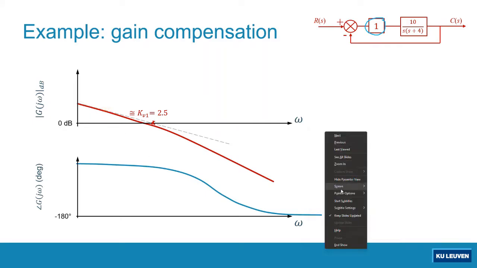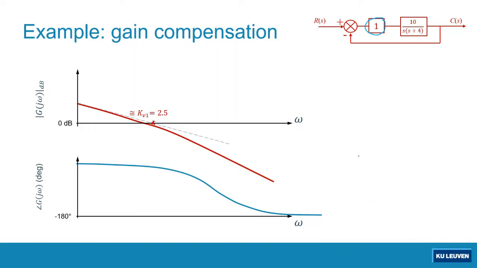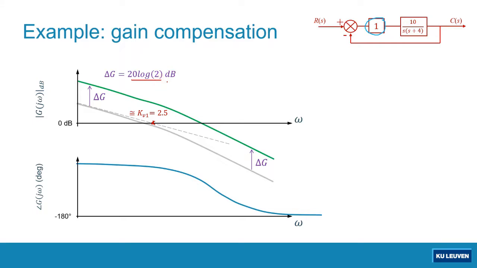Okay, let me erase this first. What do we do now? Based on our previous analysis, we will now introduce a proportional gain of 2. From what we discussed before, introducing a proportional gain of 2 means we will shift up the magnitude plot by 20 log 2 dB.